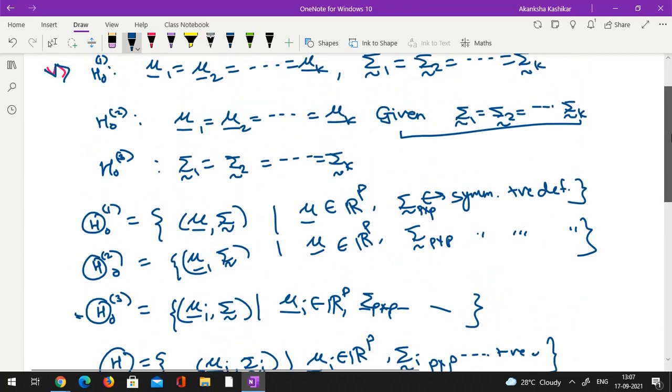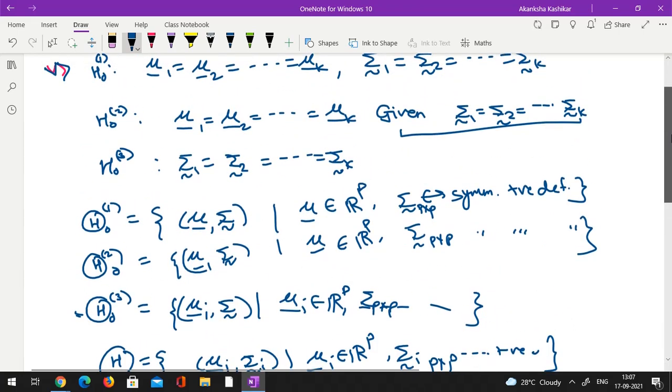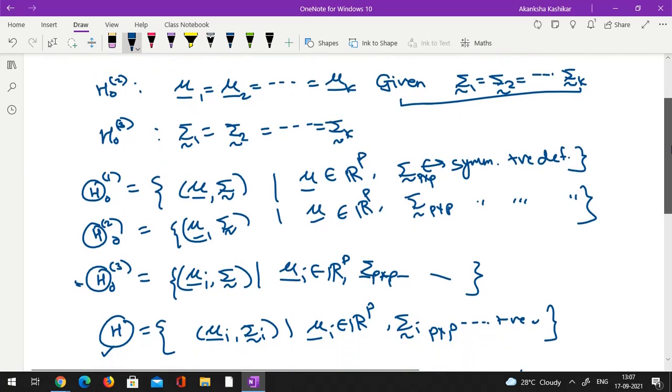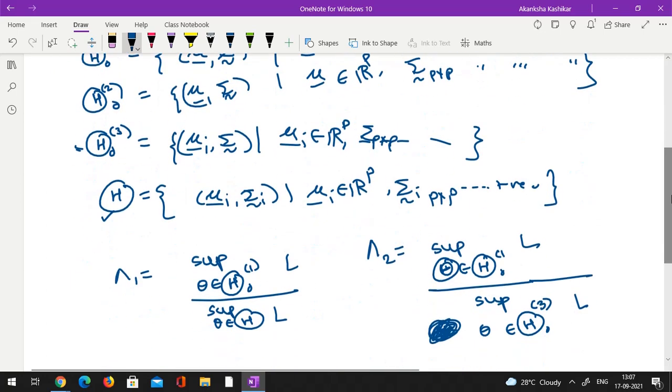And for the third hypothesis, what is overall and what is this? For the third hypothesis, the null is this, that mu's can be different and sigma has to be common, and the overall space has to be this, script theta.